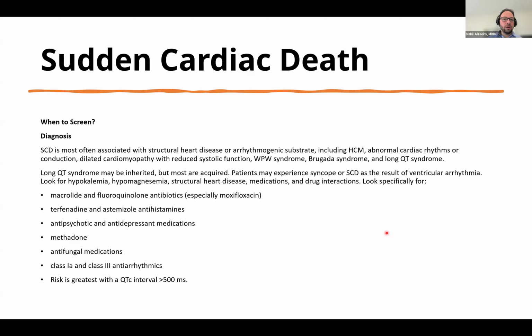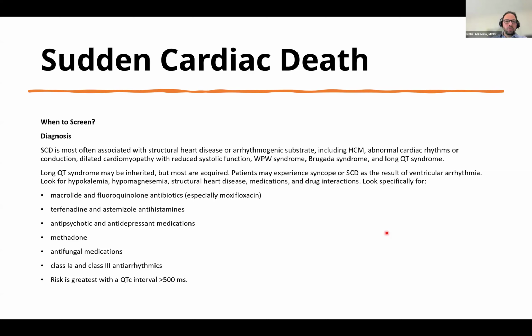Sudden cardiac death most often happens with structural heart disease or an arrhythmogenic substrate, including hypertrophic cardiomyopathy, abnormal cardiac rhythm or conduction, dilated cardiomyopathy with reduced ejection fraction, Wolff-Parkinson-White syndrome, Brugada syndrome, and long QT syndromes.